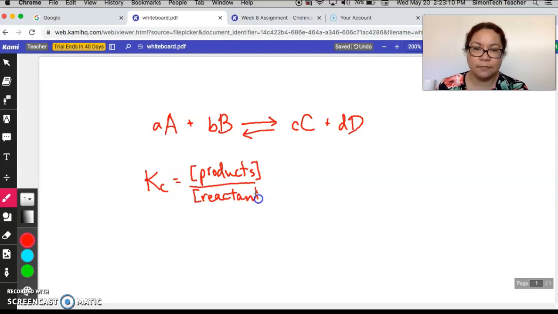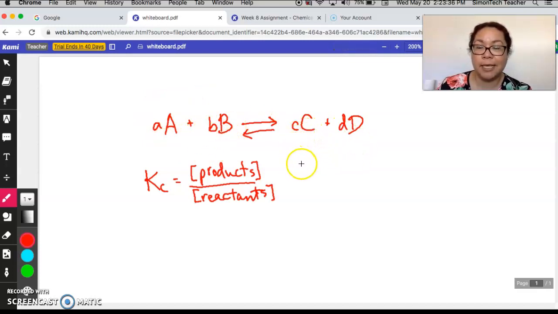The equilibrium constant tells you if the reaction is going to move towards the forward reaction, as in there's going to be more products than reactants. But if it's going the other way, then the constant should be smaller, and that indicates that there will be a lot more reactants than products.